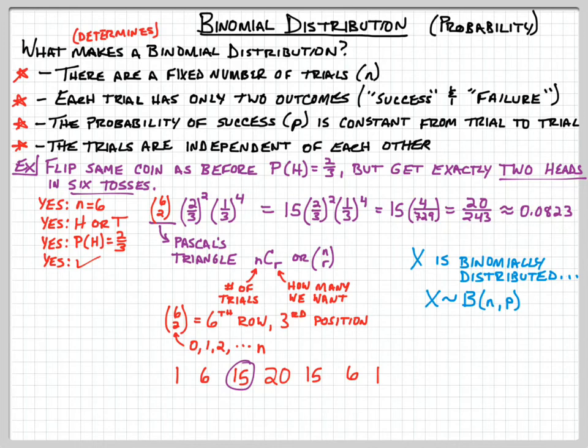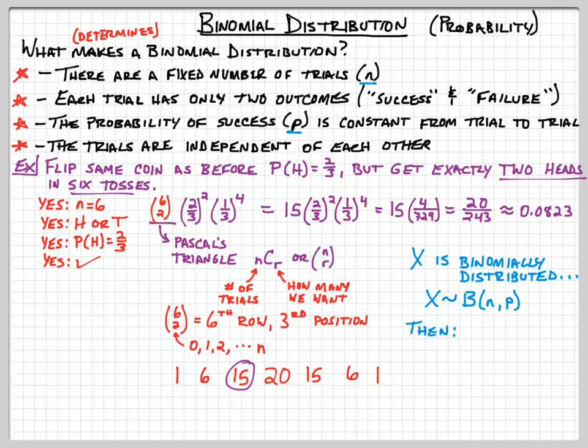If you see X squiggle B(n, p), that should indicate to you that I need to do a binomial distribution. X is my random variable, B indicates a binomial distribution, n is the number of trials, and p is the probability, and we can work it out from there.